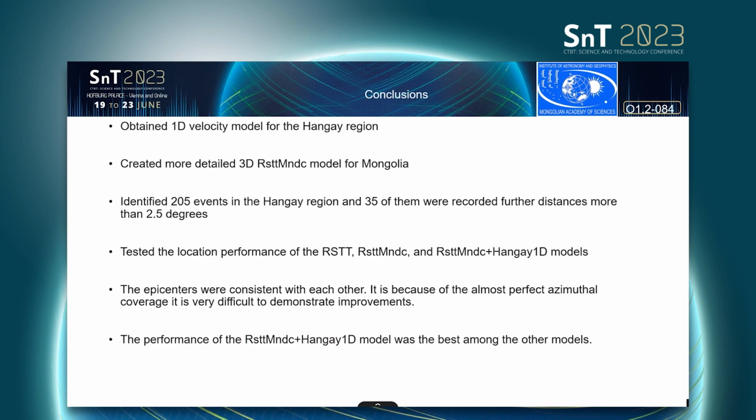It's because of the almost perfect azimuthal coverage. It's very difficult to demonstrate the improvements. The performance of the RSTT MNDC plus Hangay 1D model was the best among the other models.